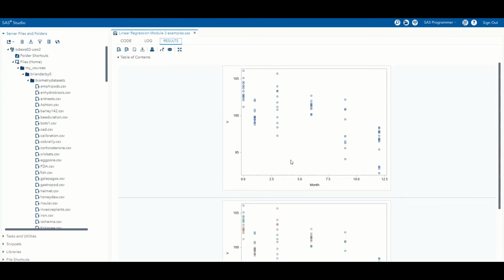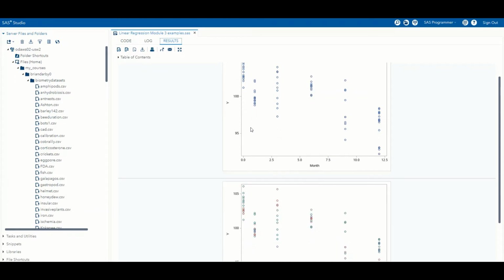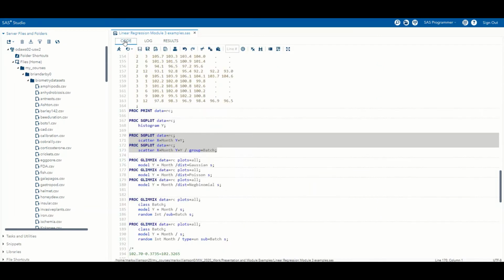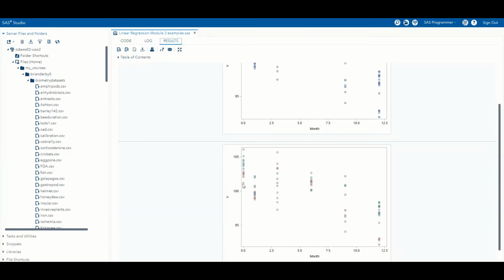This is month, so time period, and our Y variable, and it looks like there might be a negative correlation. And if we separate that out by batch, there definitely looks like there's differences between batches. So there might be a reason to have both intercept and different slopes.